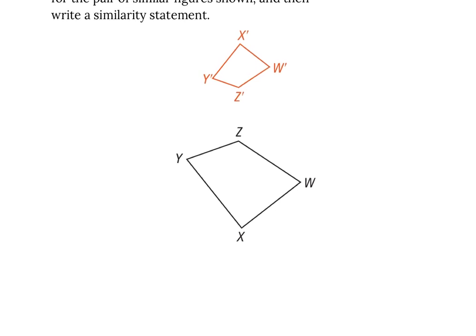Okay, so I can already see I'm going to have to do a reflection. So let me create a line to reflect across. Okay, I think that looks about right.